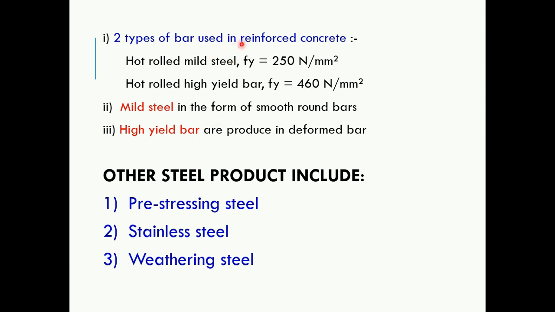Okay, so the strength is about 250 for mild steel, and 460 to 500 for high yield steel. Mild steel is in the form of smooth round bar and high yield bar is produced as deformed bar. Okay, so other steel products include pre-stressing steel, stainless steel, and also weathering steel.